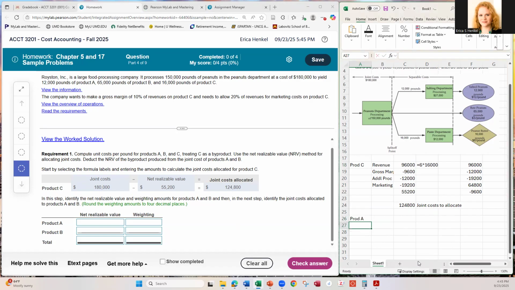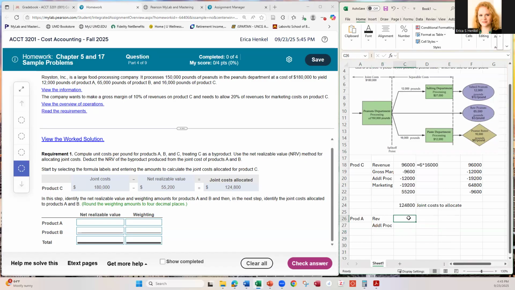Product A, revenue. And here we don't need to worry about the gross margin part. We're just going to look at any additional processing. And it looks like marketing was only on product C, I think.